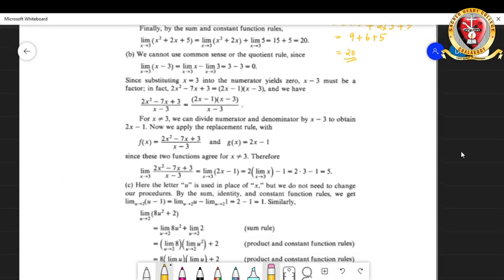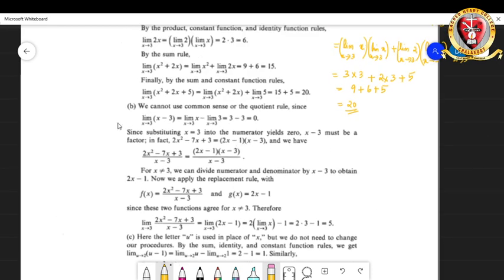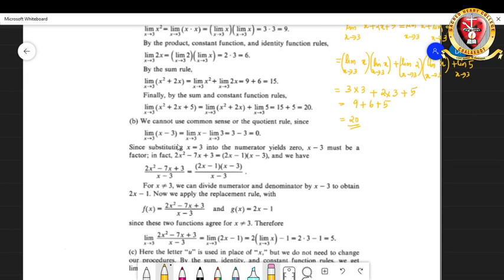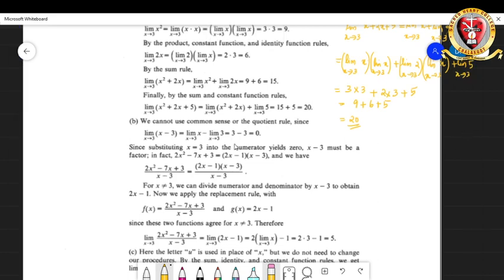Before doing the quotient rule, we cannot use the quotient rule. Why can we not use it? Because in the denominator you have limit x tends to 3, x minus 3, which will be 0. So you cannot use the quotient rule. We have to make it non-zero if we have to use the quotient rule.